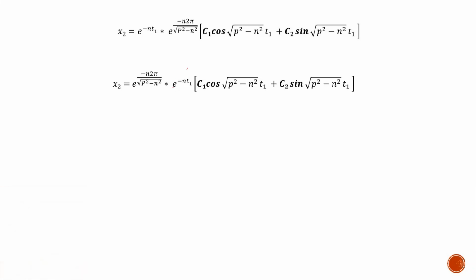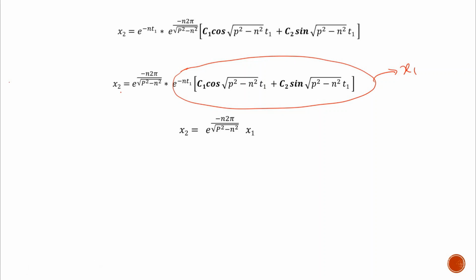Then what is this term? This is the equation for x1, so I can write x2 is equal to e raised to minus n 2 pi by root p square minus n square into x1. So I'm just substituting this entire term as x1.